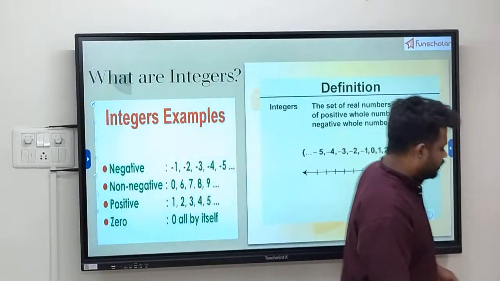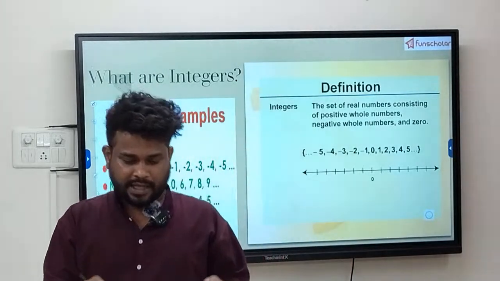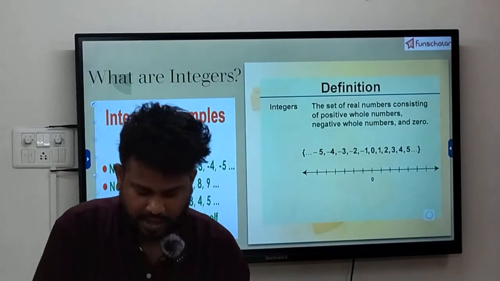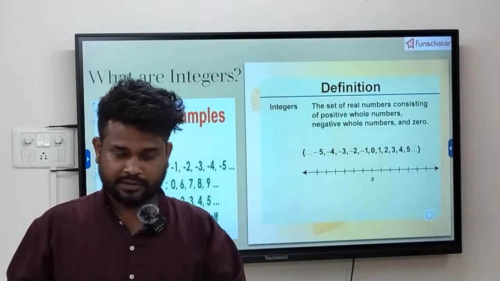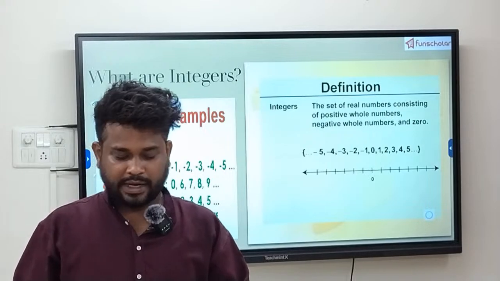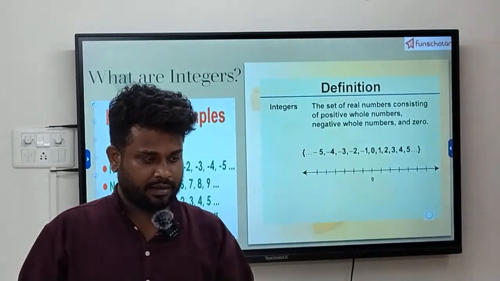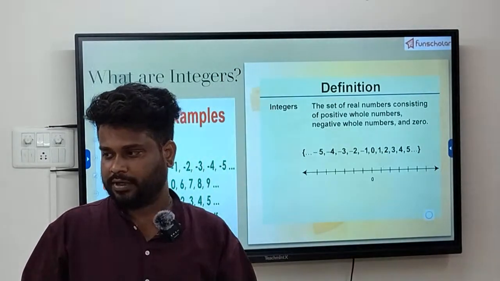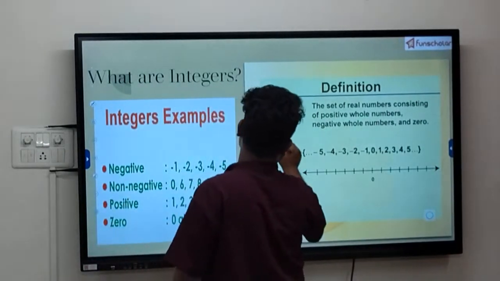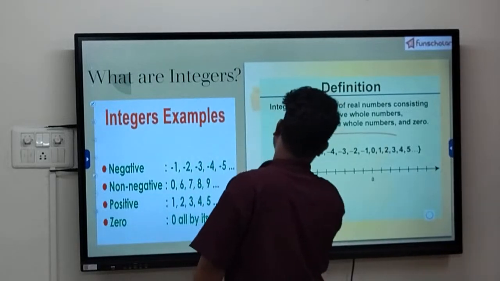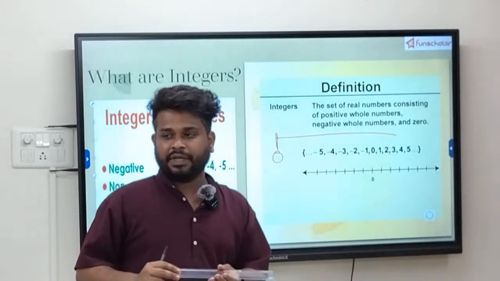Okay, so then you tell me, what's this? This is a scale, and from where to where does the scale start? 0. So where will the negative integers stand? Before it or after it? If this is a scale and it's starting like this, from where will the negative integers lie?